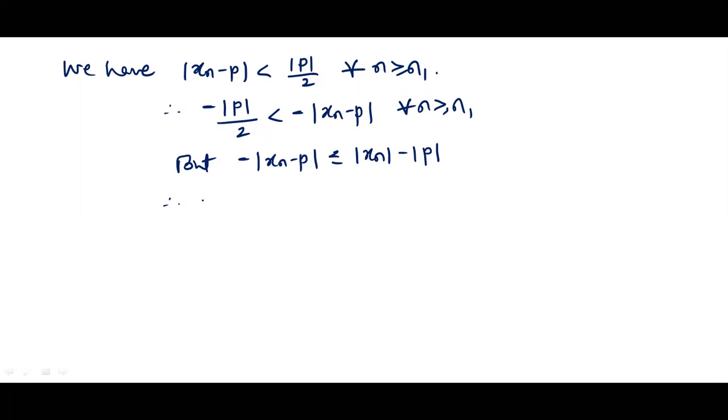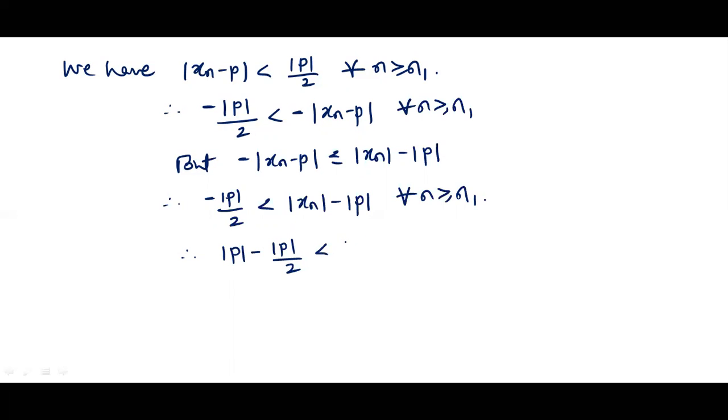Therefore, we can write minus of mod p by 2 is less than mod of xn minus mod p for all n greater equal n1, and therefore we can write it as mod p minus mod p by 2 less than mod of xn.